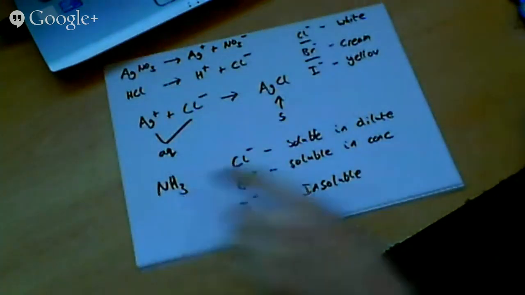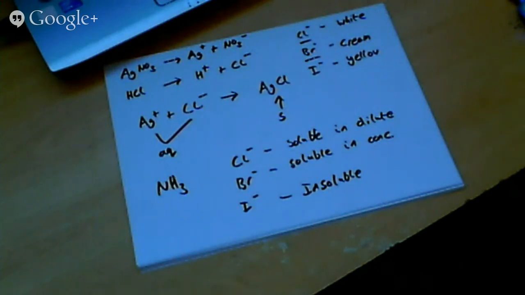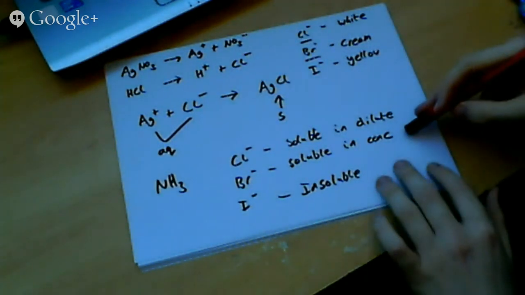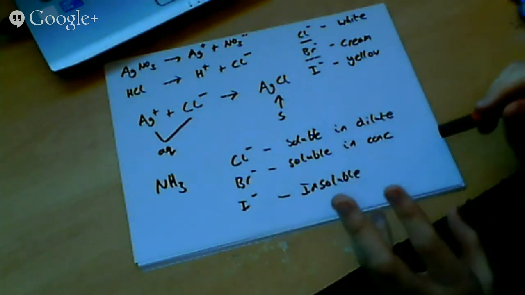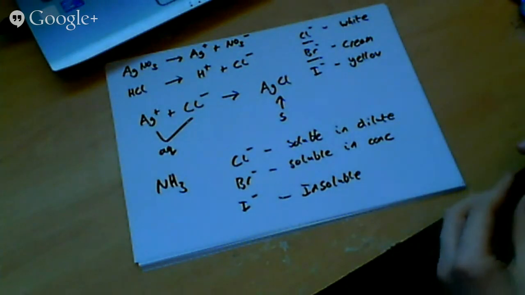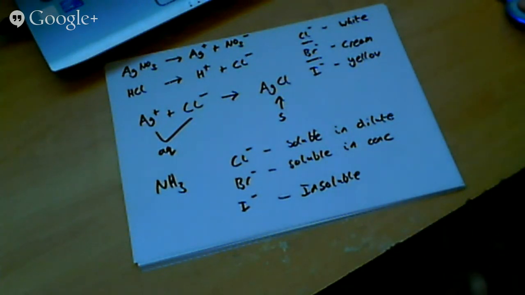So you can test to see which ones are soluble. If it is soluble in dilute, you know you've got chloride. If it's soluble in concentrated, if you just try concentrated, it could be bromide or chloride. And if it's insoluble, then you've definitely got iodide. So I hope that makes sense.